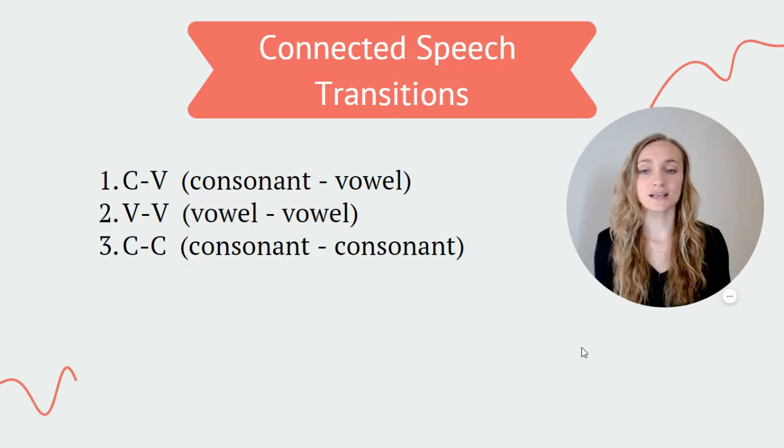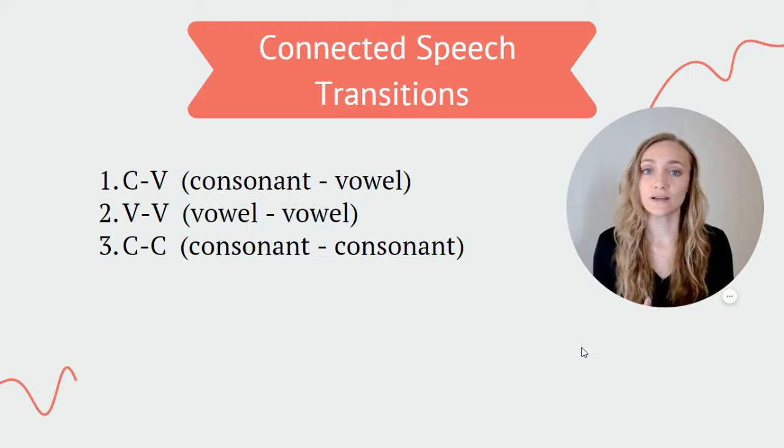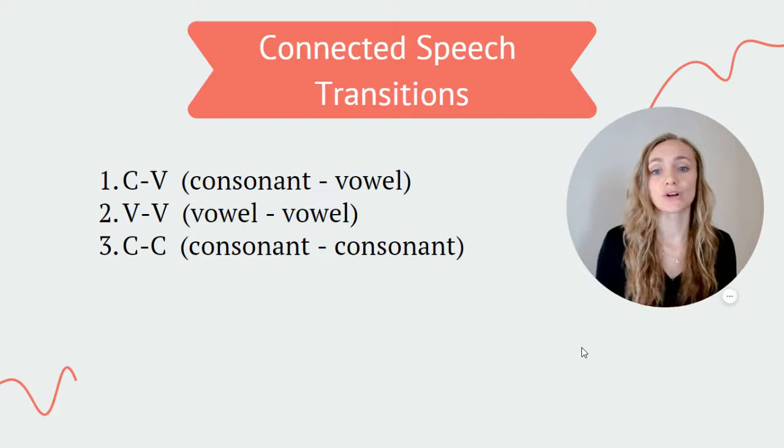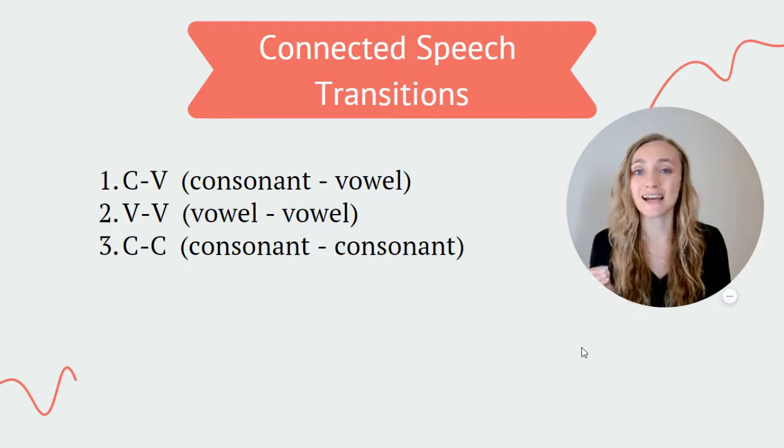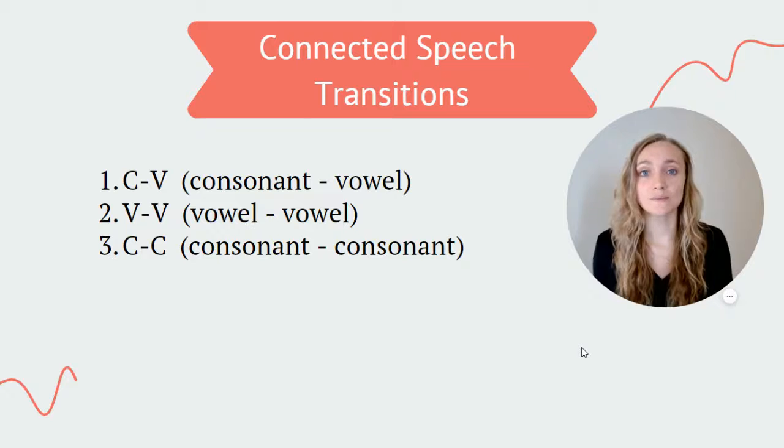So the first example we're going to see of the first transition is when a word ends in a consonant sound and the next word starts with a vowel sound. We're always talking about sounds when we're talking about connected speech, because sometimes we have words that may end in a letter, but we don't hear the letter.